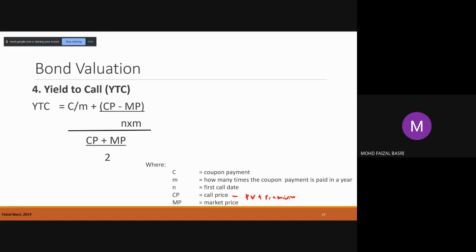And we minus again with market price, and we divide with N. So N for YTC is slightly different from N as before. That's why sometimes I rather use NC here. NC refers to years to maturity until call.